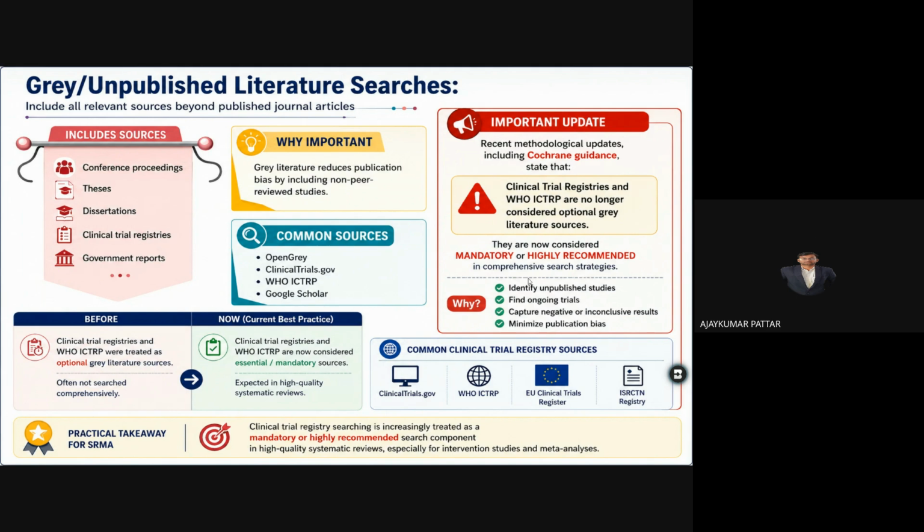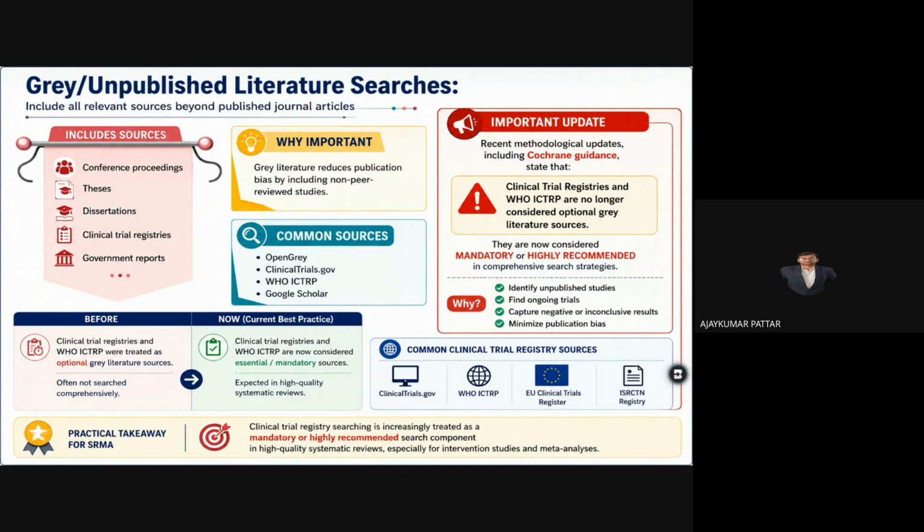Then Google Scholar. Google Scholar is a search engine. Why have we categorized it in gray literature? Google Scholar is not specific to indexed papers; it is a general search engine. It will retrieve all published and unpublished material, some theses, and documents related to that particular concept.